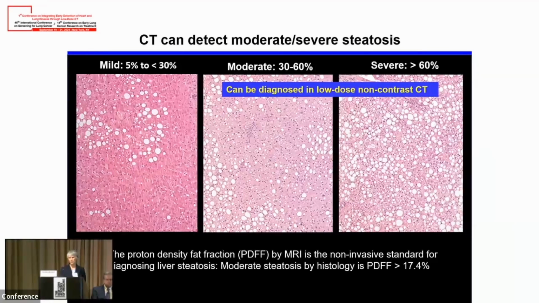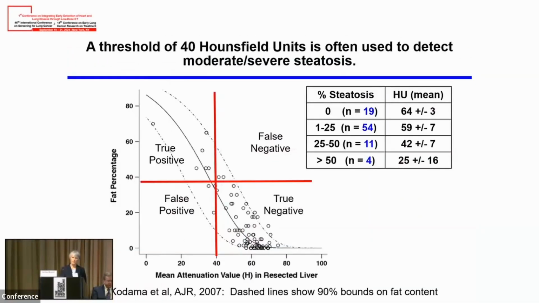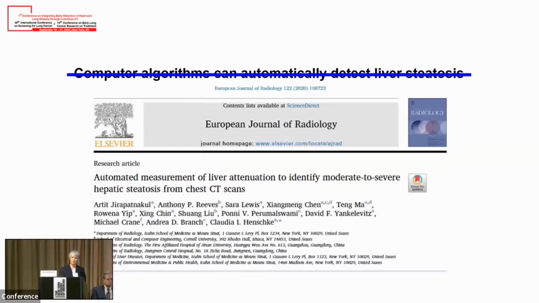And this equates to a fat fraction defined by MRI of about 17%. So a Hounsfield threshold of about 40 units is often used to diagnose moderate to severe steatosis, and this threshold was identified through a series of studies in which CT scans were compared to histology data.